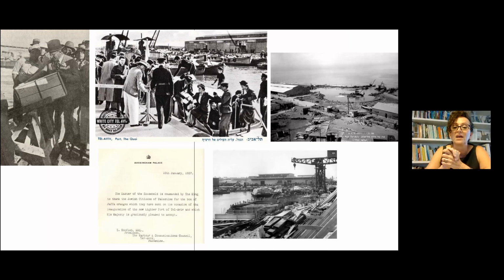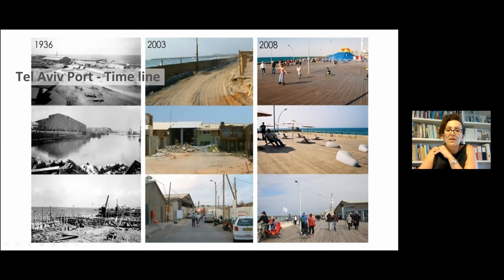If we look briefly at this timeline, we can see that our intervention, which started in 2003, was preceded by four decades in which this prime part of the city, located on one of the most amazing waterfront peninsulas, was very much derelict and neglected.